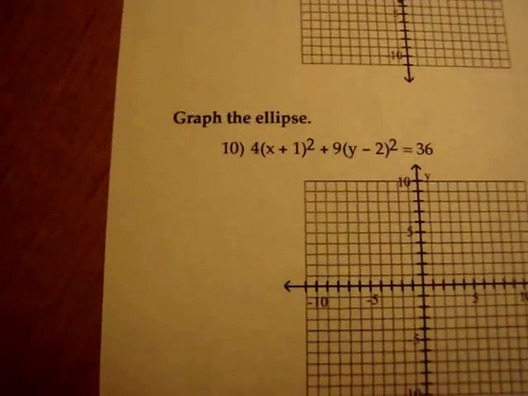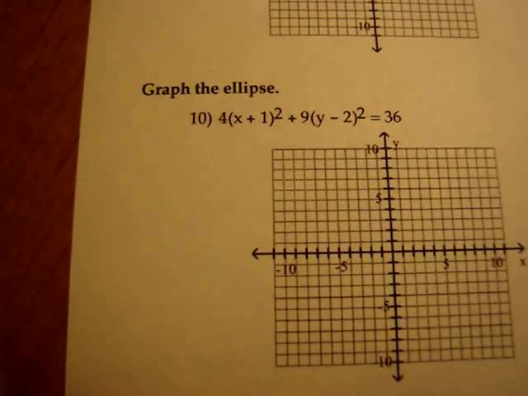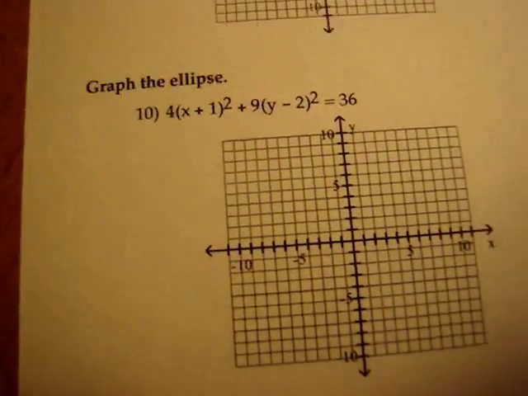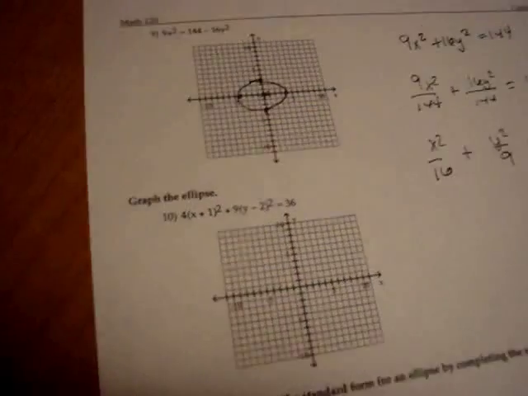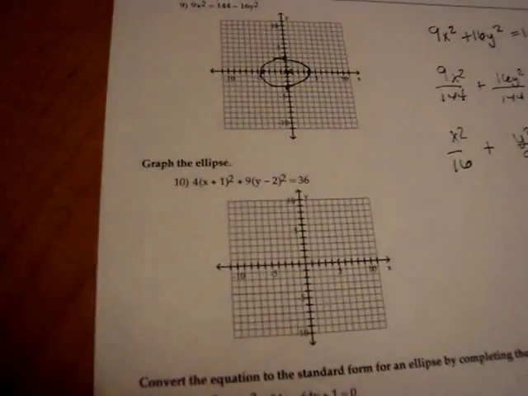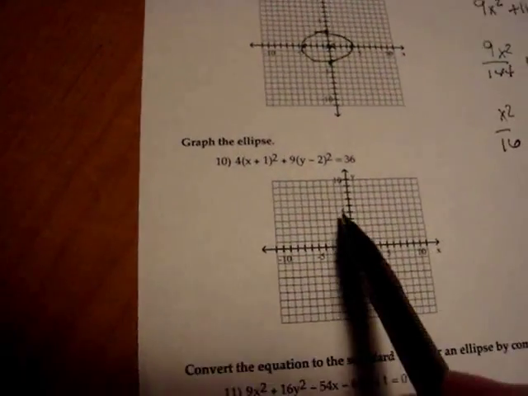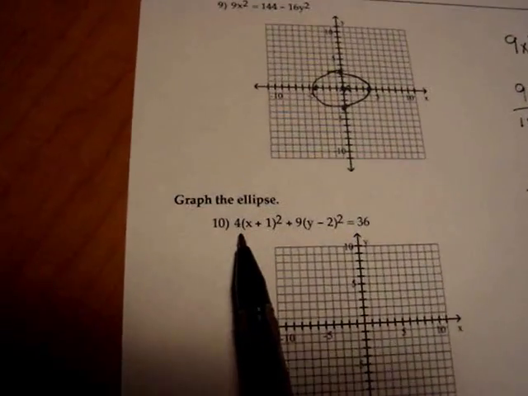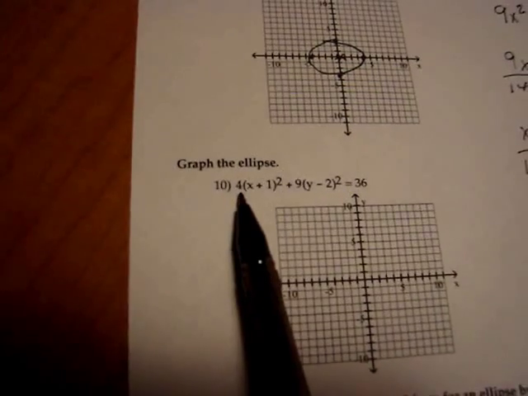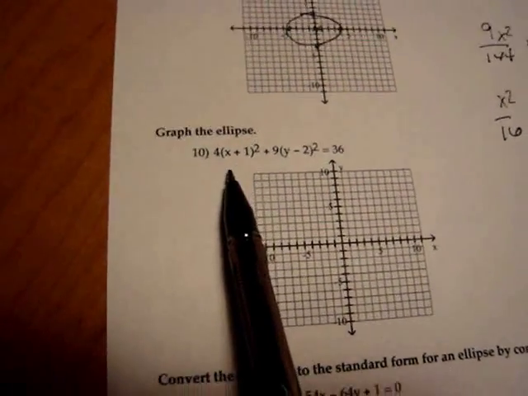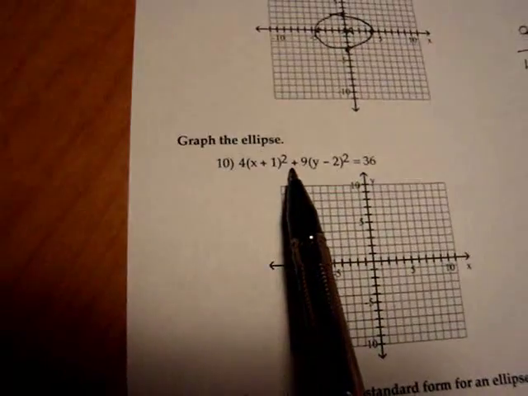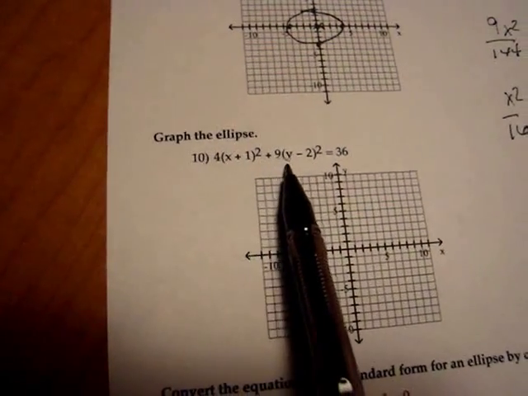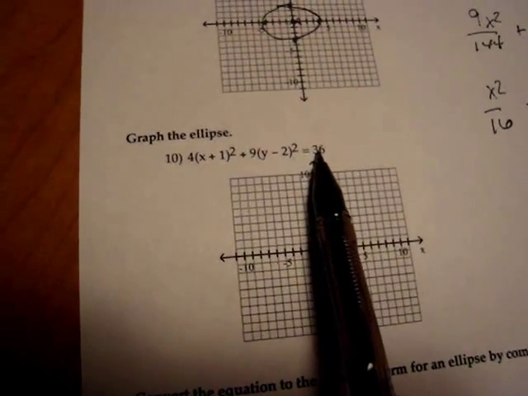Okay, let's go ahead and move on and do this one. Actually, let me pause for a moment. We are now going to graph another ellipse. This ellipse again is not in standard form. Okay, we have 4(x plus 1) squared plus 9(y minus 2) squared equals 36.